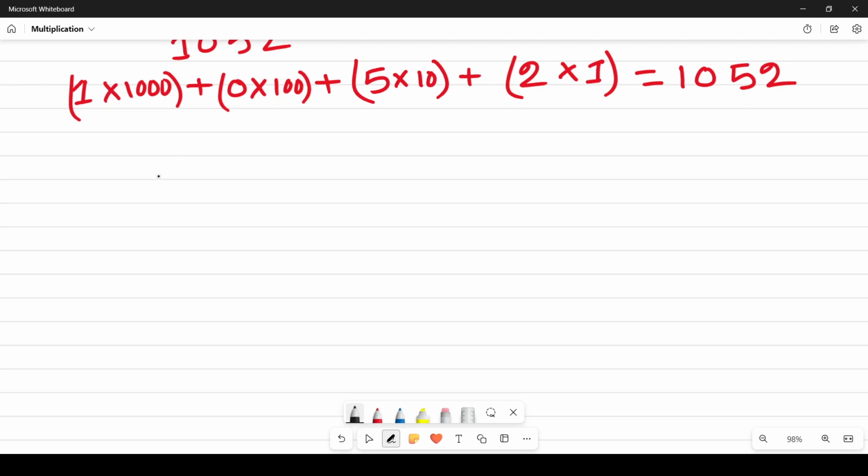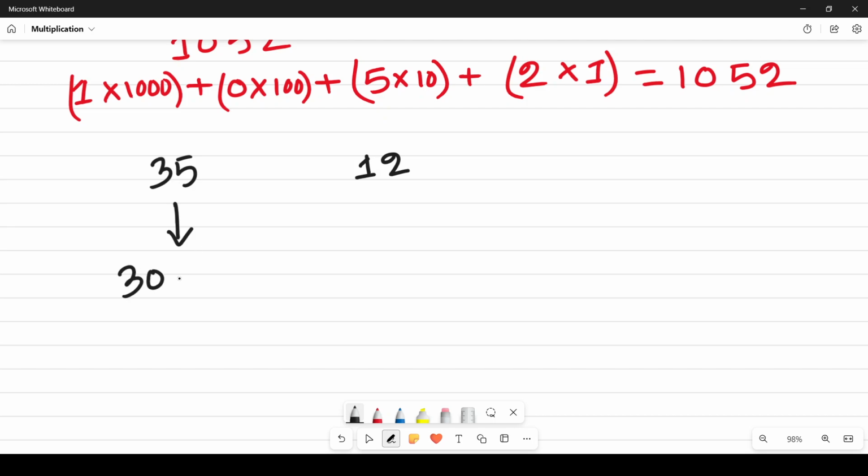So let's take two easy numbers. Let's take 35 and let's take 12. So we want to multiply 35 and 12, right? You have seen the place values of a number and how a number is formed. So if we split this 35 with the place values of its individual digits, what do we get?